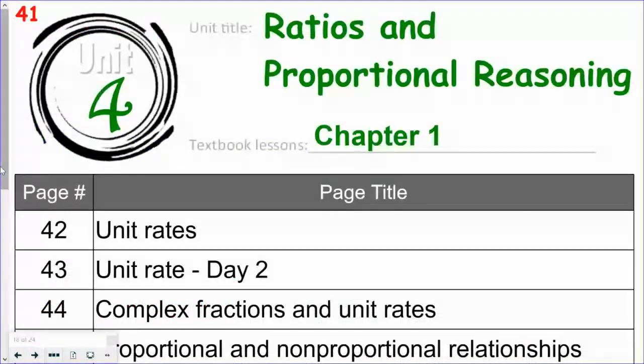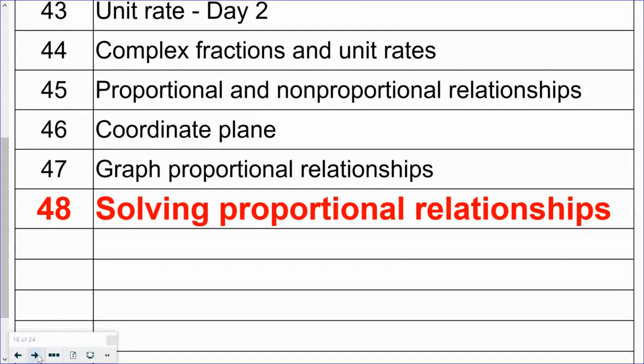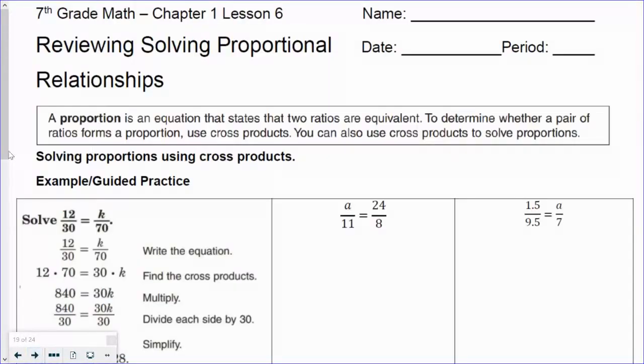Okay, so we are going into still chapter 1, going in with some more notes. Okay, so here are today's notes. So a proportion is an equation. Okay, we're making an equation because we have that equal sign that states that two ratios are equivalent.